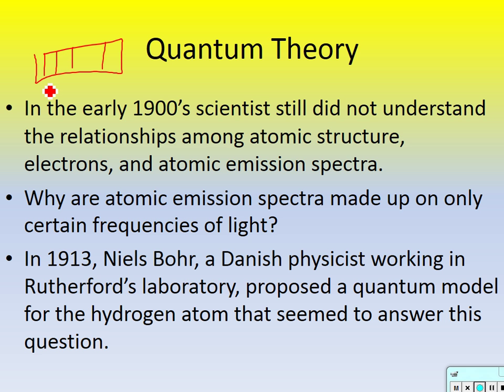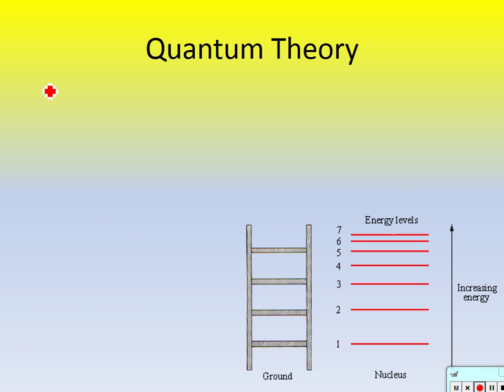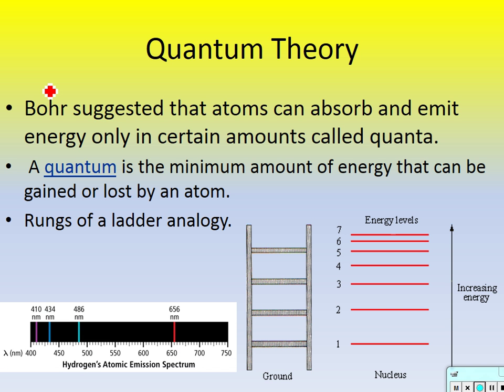So Niels Bohr, a Danish physicist working in Rutherford's lab, proposed a quantum model of the hydrogen atom that seemed to answer this question. Bohr suggested that atoms can absorb or emit energy only in certain amounts called quanta. So if we go back to the Bohr model of the atom, this would be energy level 1. This would be energy level 2.